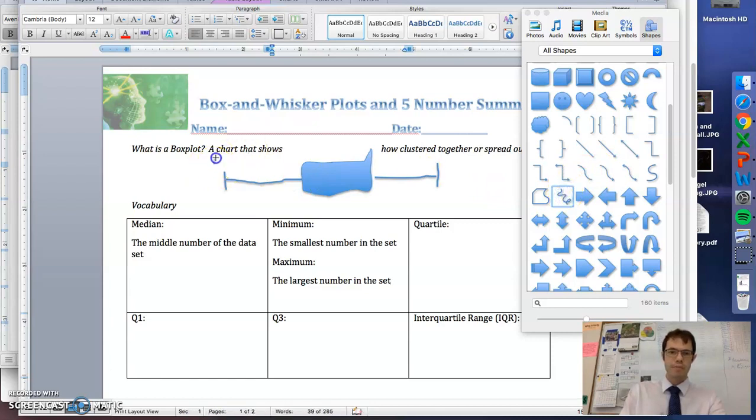And it will form the left whisker, our min. Then here, this is our maximum.